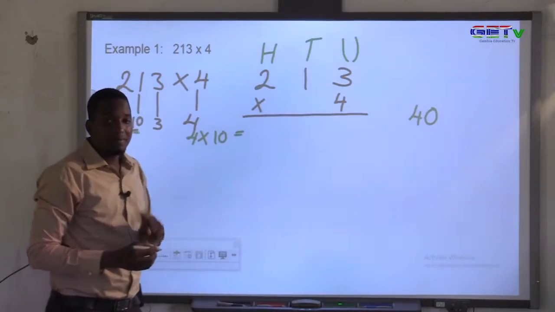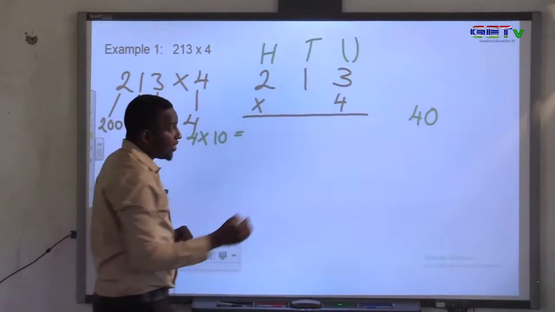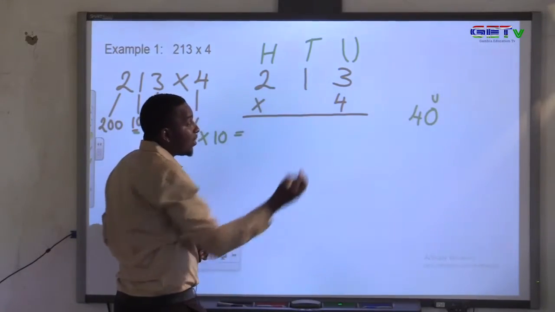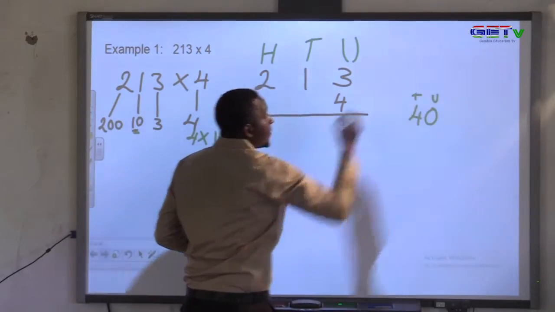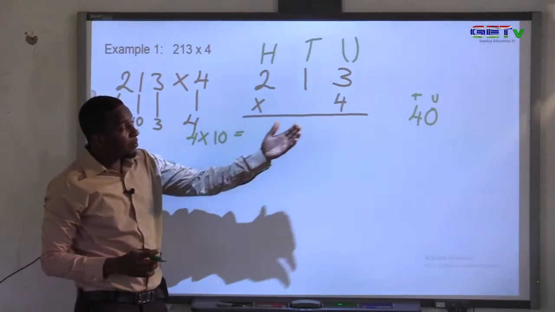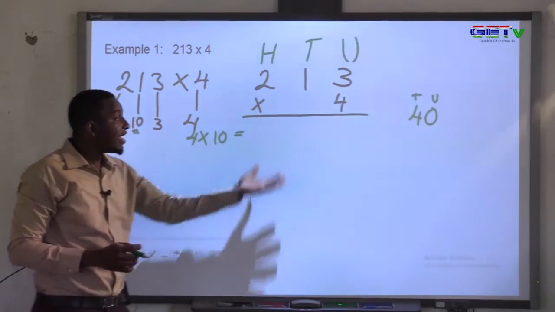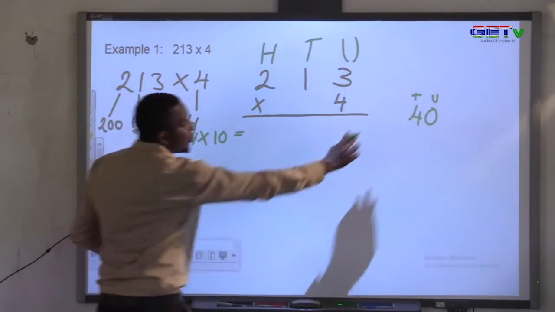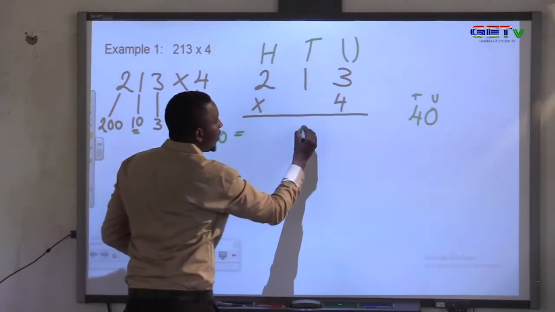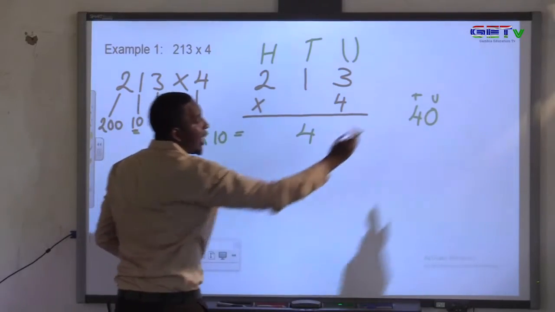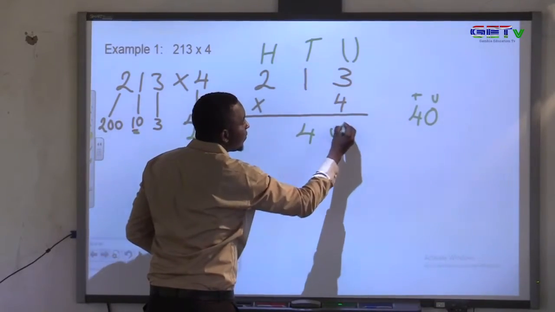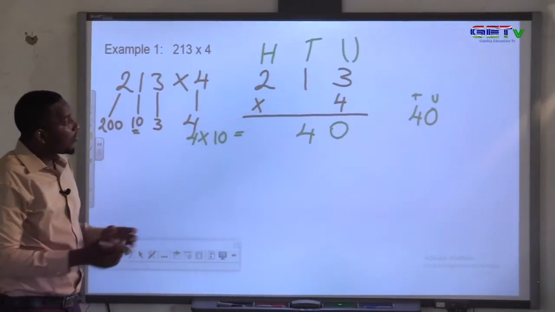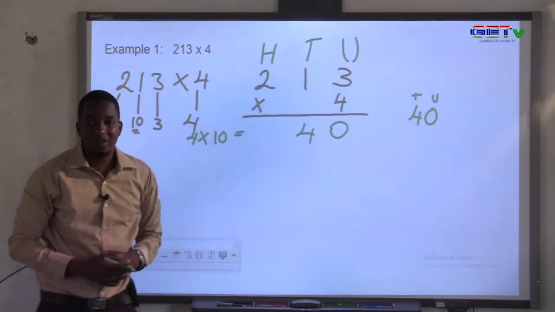Looking at 40, there are 2 digits. The place value of the first digit is unit, and the place value of the second digit is 10. So we are going to put these digits in their respective place value in our solution. So 4 is going to be under the 10, and 0 is going to be under the units.